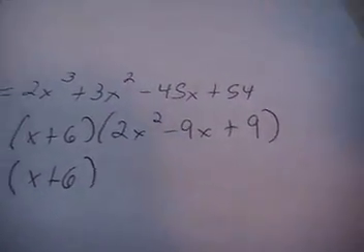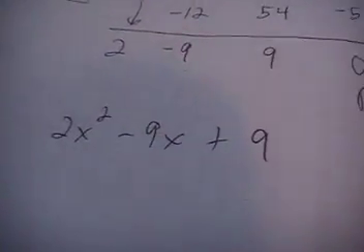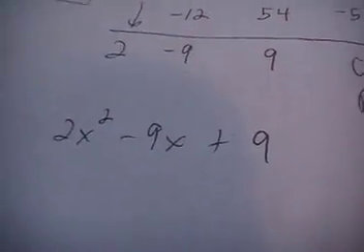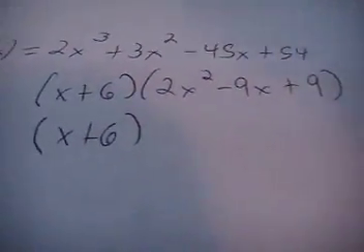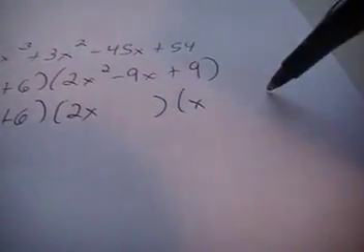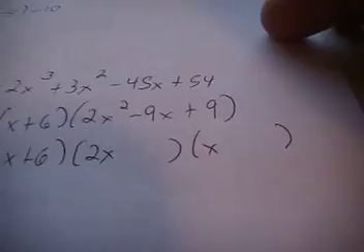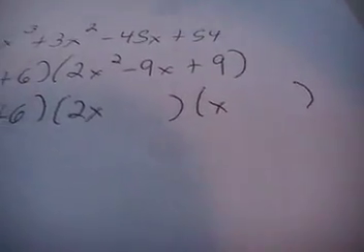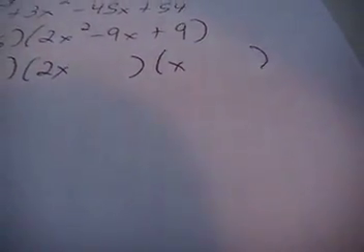So that's the advantage, is after you do synthetic division, if you can get it down to a square, then you might be able to get the other 2 answers at once. The only way to get 2x squared is 2x times 1x. 9 could be 1 and 9, or 3 and 3.